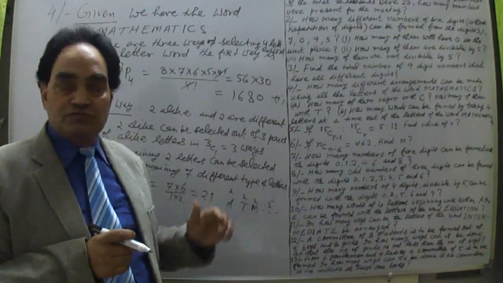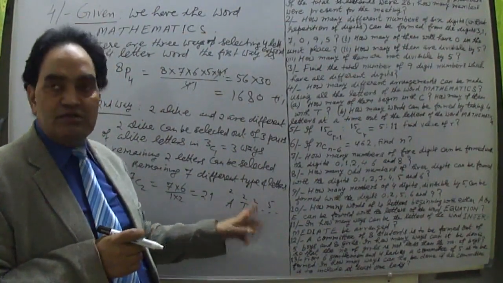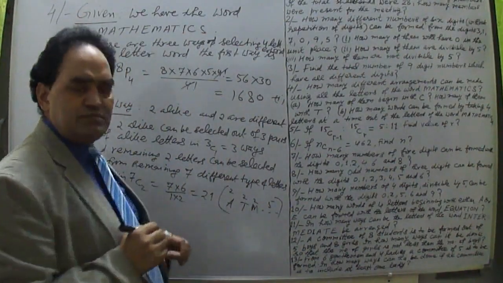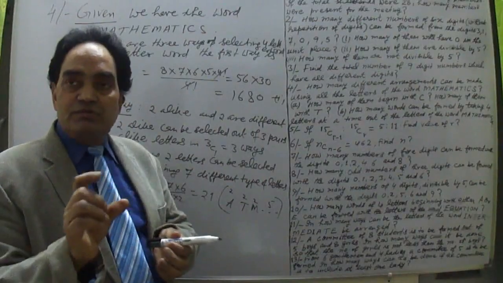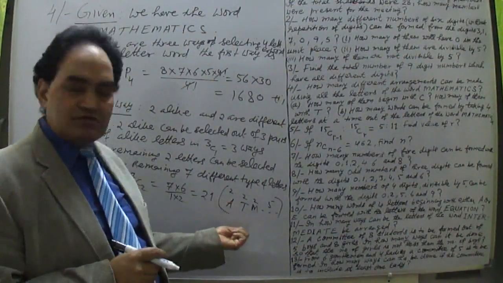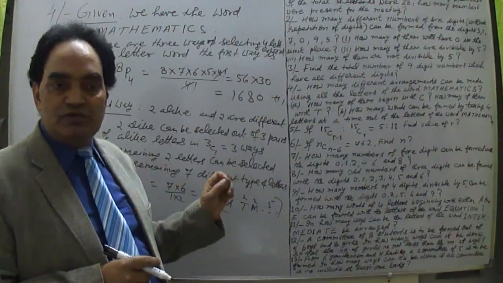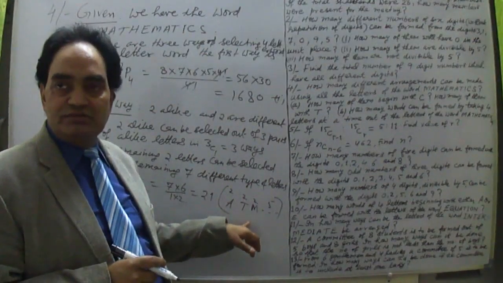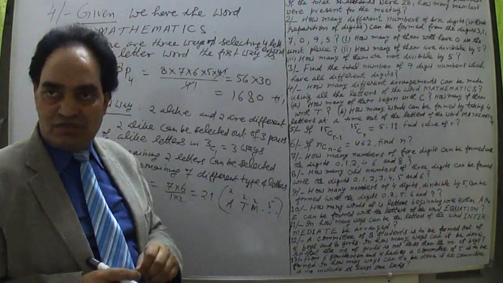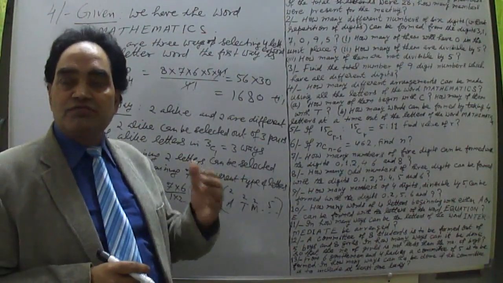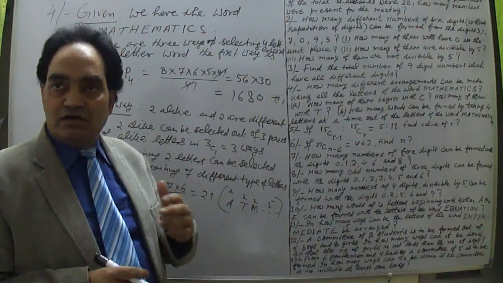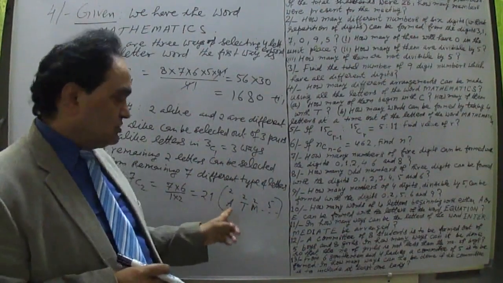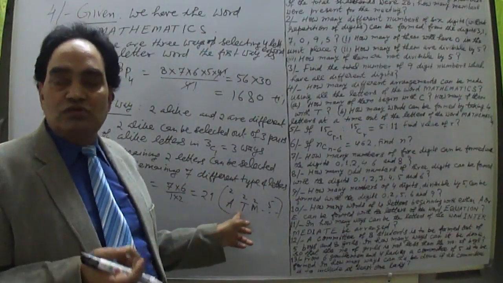Either AA has been selected or TT or MM. Now the remaining 7 different types of letters are left over, because 1 type of similar letters, 2 of them, has been selected.